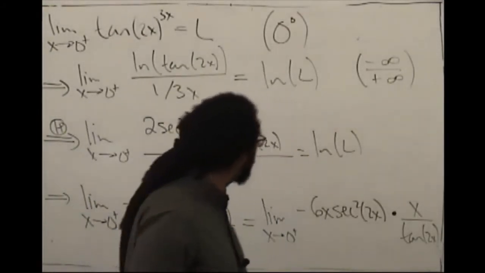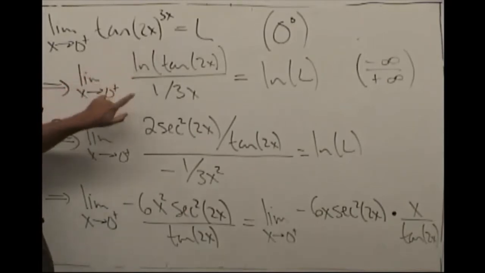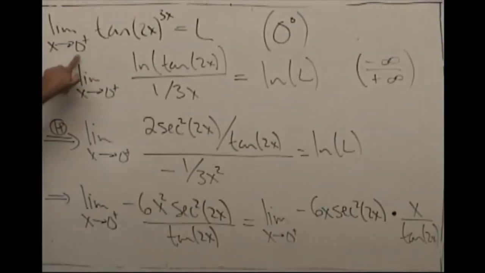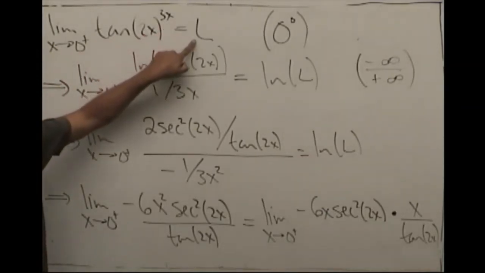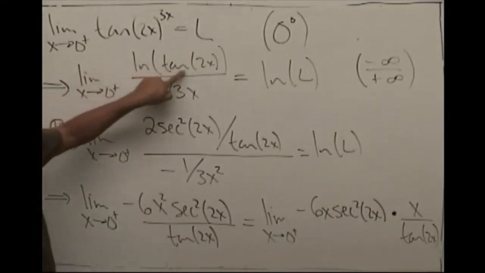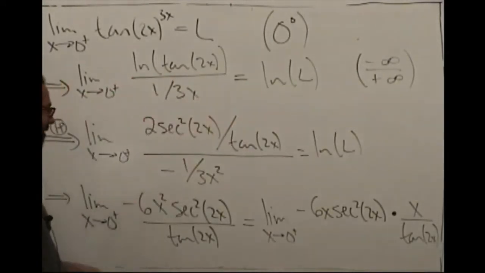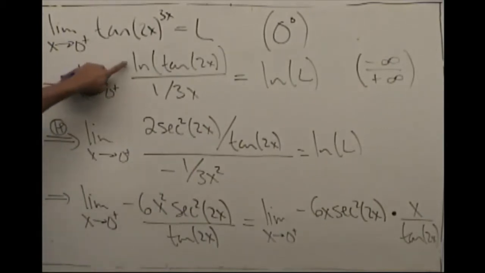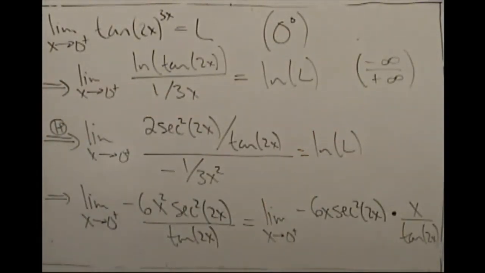Okay, so we have taken this limit and we've rewritten it as a fraction involving a natural log. If I call the limit of tangent of 2x raised to the 3x power L, then the limit as x approaches 0 from the right of natural log of tangent of 2x over 1 over 3x is equal to the natural log of L. We checked that this thing had the good indeterminate form, negative infinity over infinity, so we can apply L'Hopital's rule.